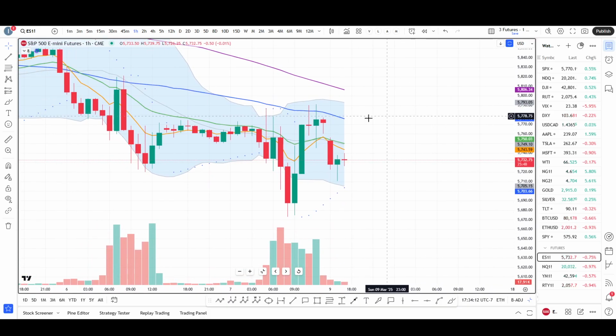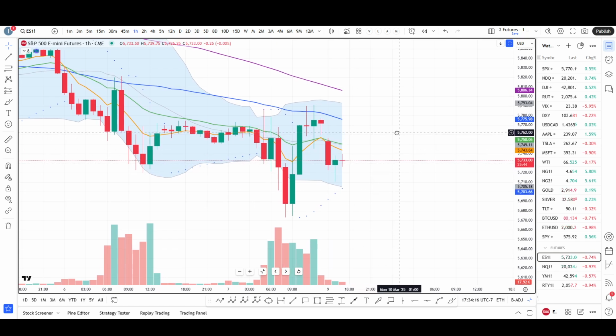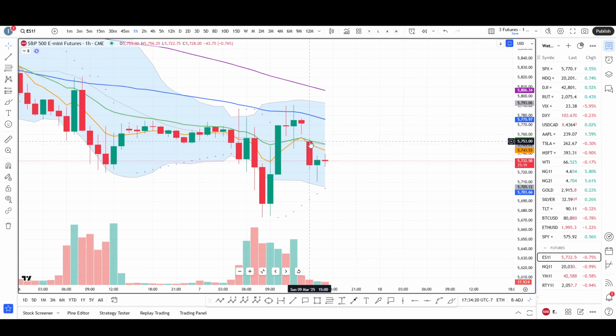So these are the ES candles that are forming right now. What we are seeing here is a very strong bearish opening today. And this big candle is right now the major one that bulls need to overcome.